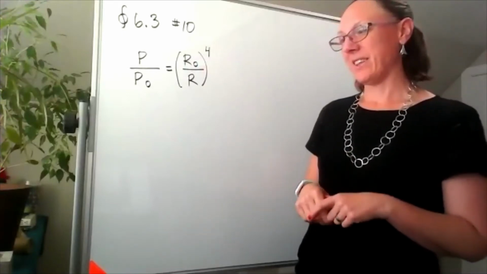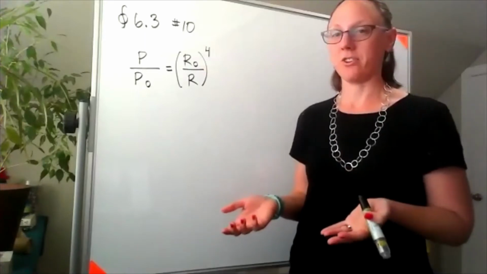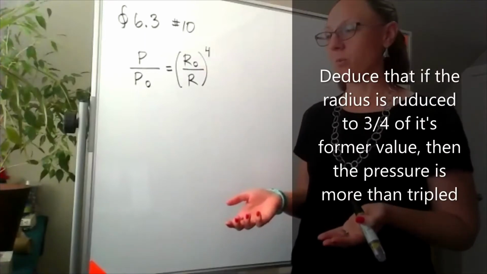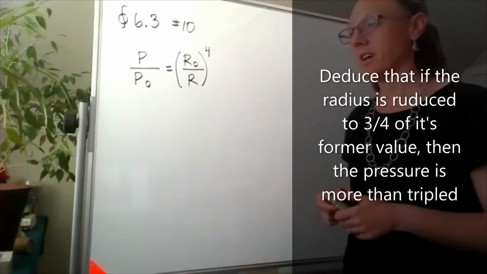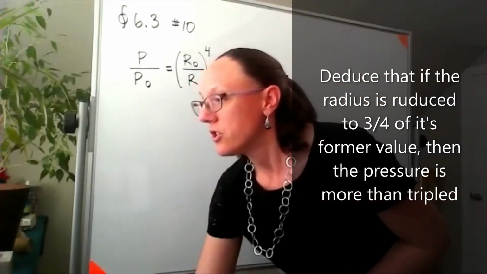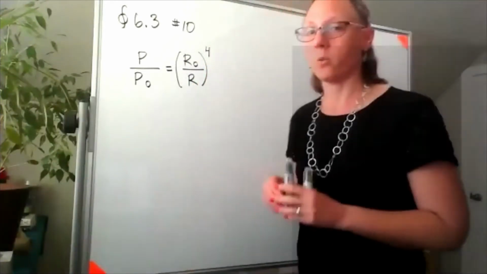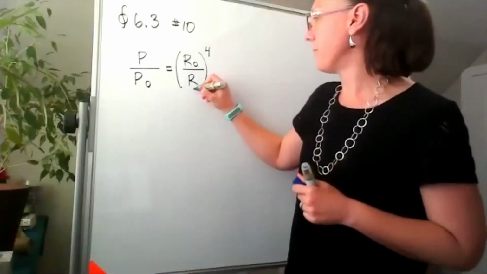And the actual words that are instructions to do something start with deduce, that if the radius is reduced to 3/4 of its former value. So in this equation, here's my radius.